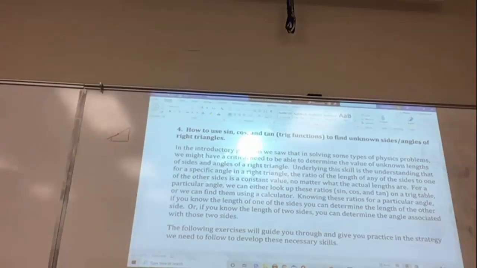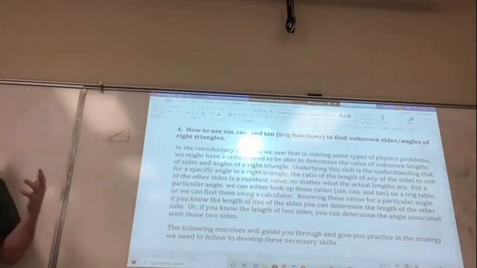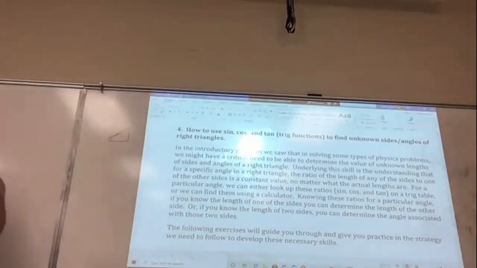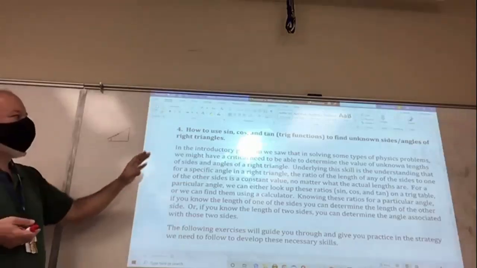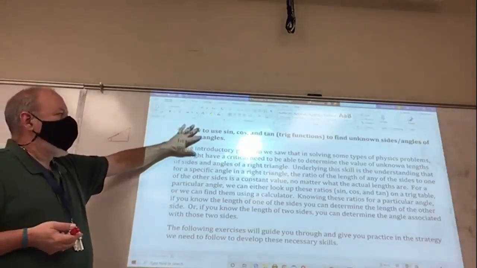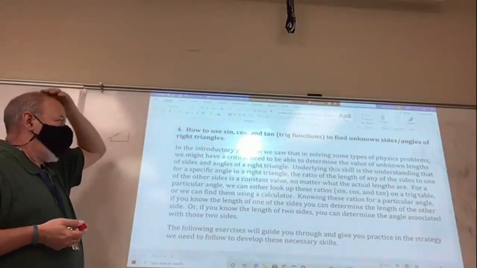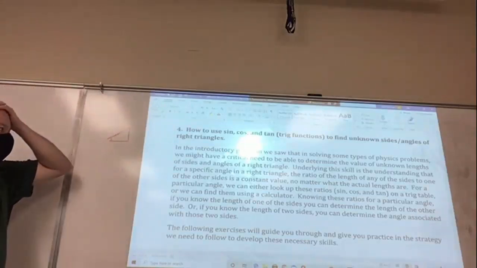This is the kind of thing that you've done in math classes. You've worked on this and tried to figure out how to use sine and cosine in math classes. But my guess is that you probably didn't use it in real life physics situations. It makes a lot more sense if you know how to use it to actually accomplish something. Okay?